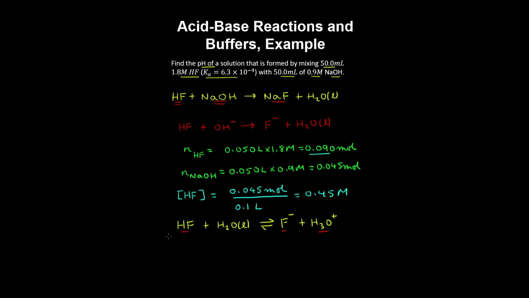And now we construct an ice table using the molar concentrations of the weak acid and its conjugate base from the neutralization reaction. So this gets consumed and the products get produced, and we obtain the equilibrium concentrations.